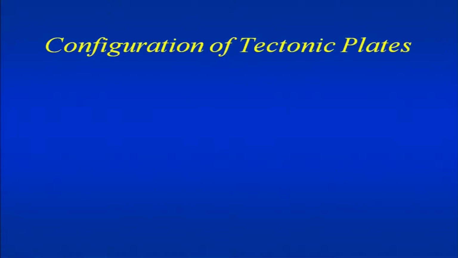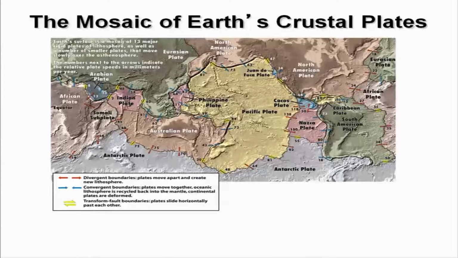Now, the configuration of the tectonic plates. If you look at the mosaic of earth crustal plates, we have dozens of plates observed on the globe, and they are either colliding with one another or passing by each other, resulting in the formation of lateral fault systems, or subduction zones, subduction plate boundaries, as we have discussed between the Nazca plate and the South American plate, or we have the collision boundary which we see between the Indian plate and the Eurasian plate.